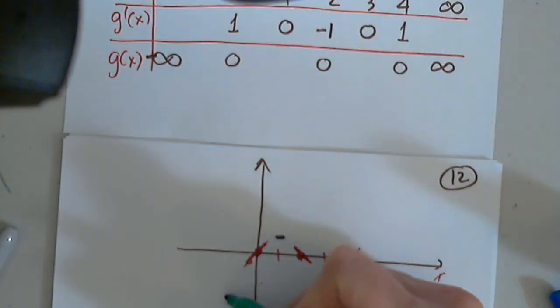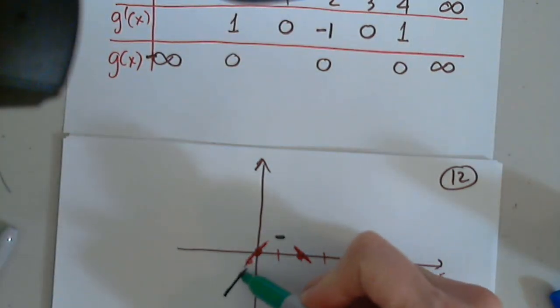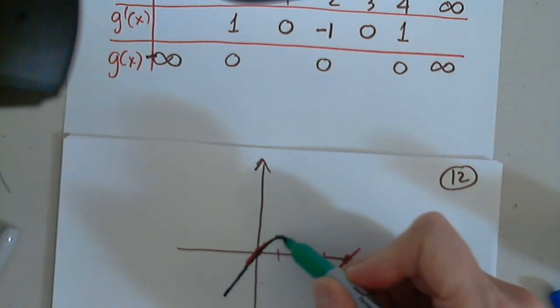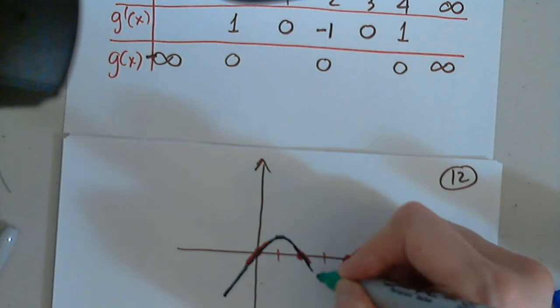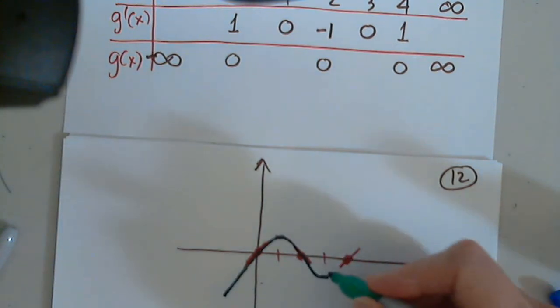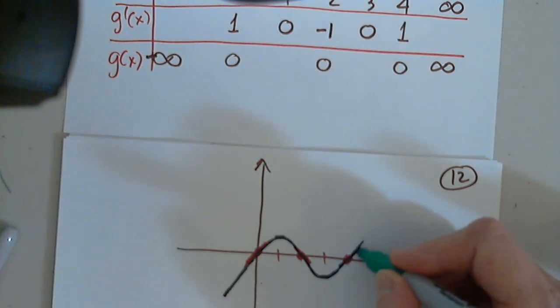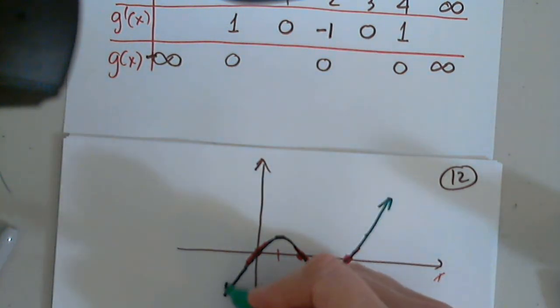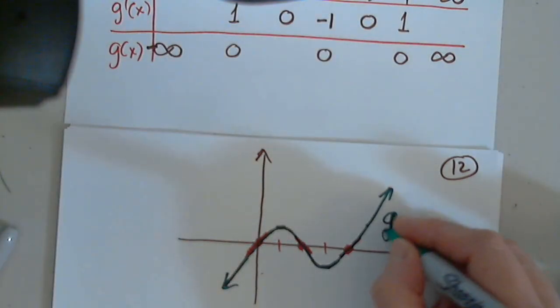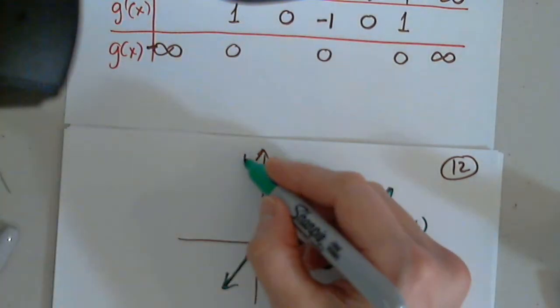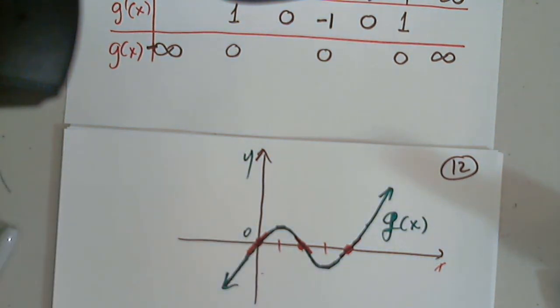Here's my graph. This is my graph of g of x. Any questions?